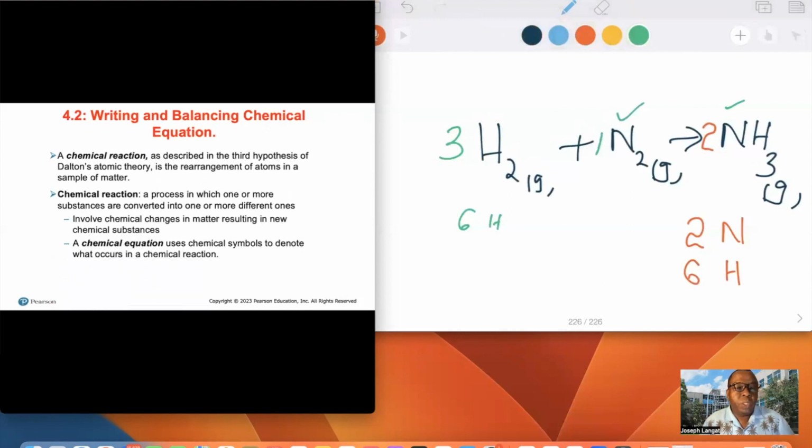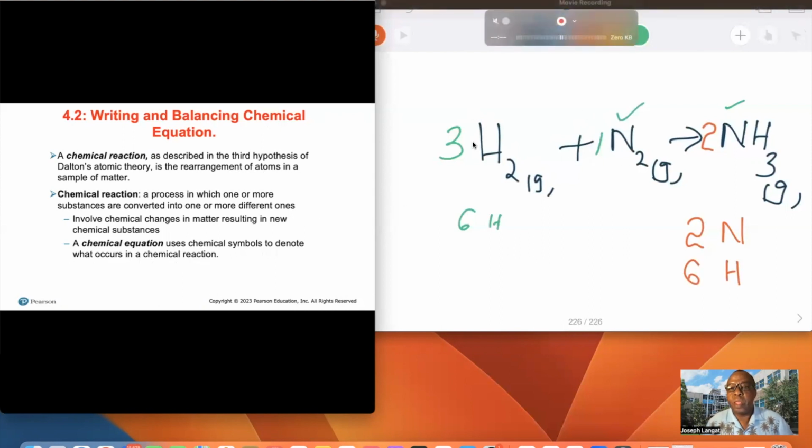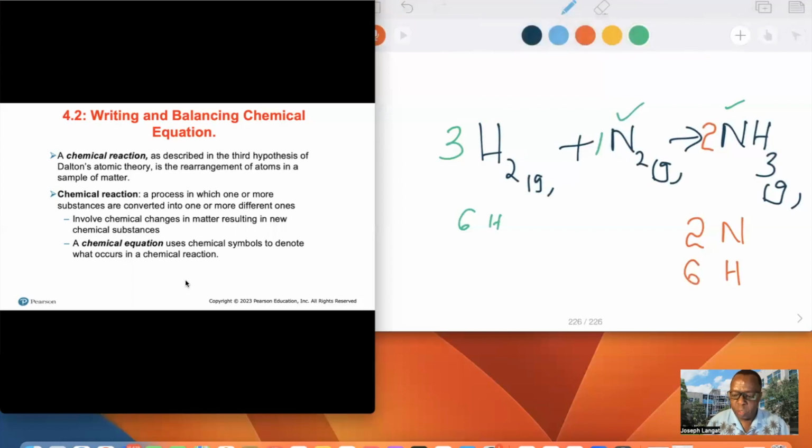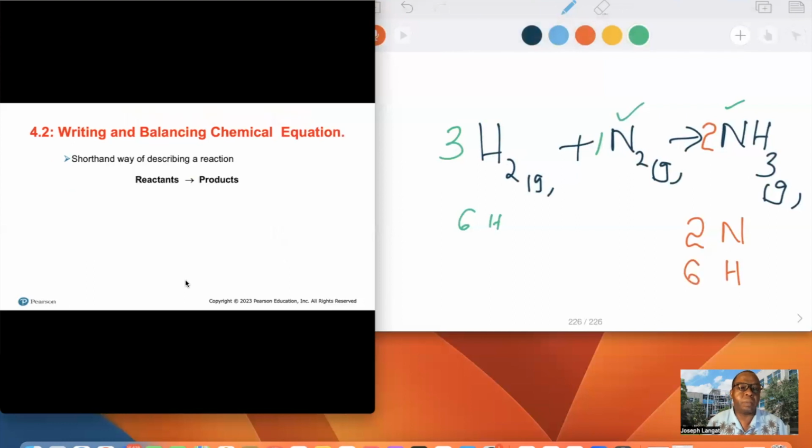So what I want you to know is we use chemical symbols to denote what occurs in a chemical reaction. This chemical equation is interpreted as 2 moles of hydrogen reacting with 1 mole of nitrogen to form 2 moles of ammonia. We'll come back to that later.